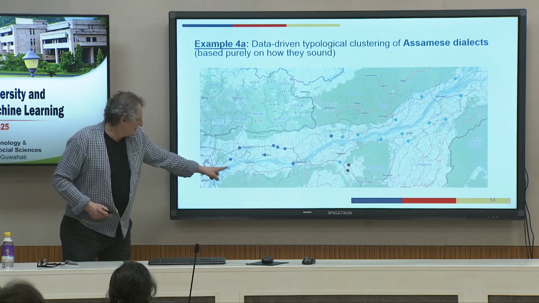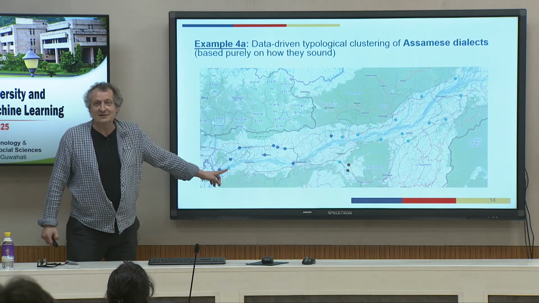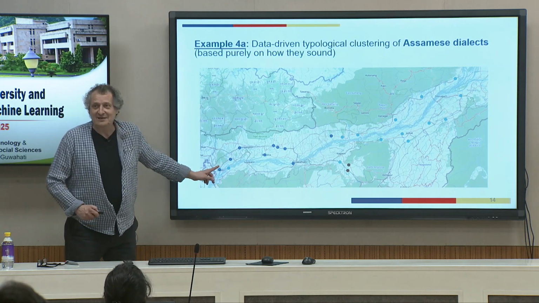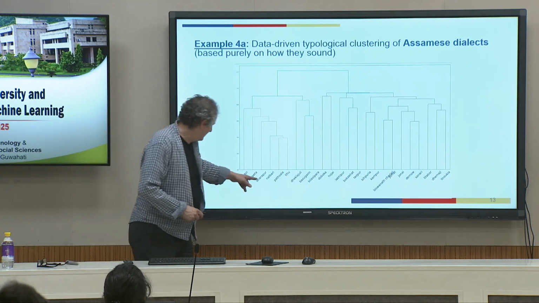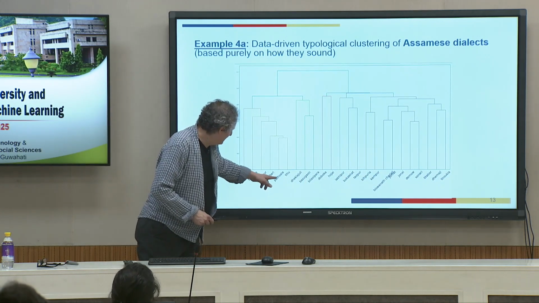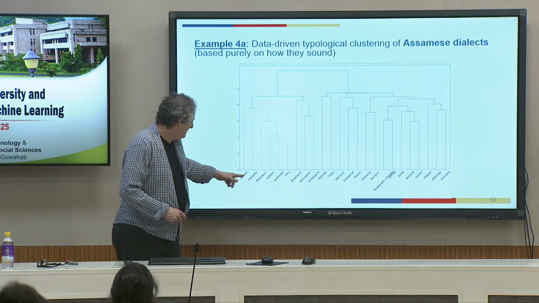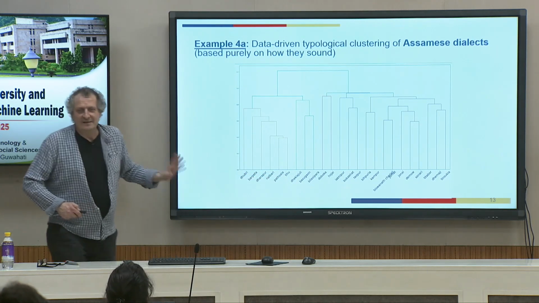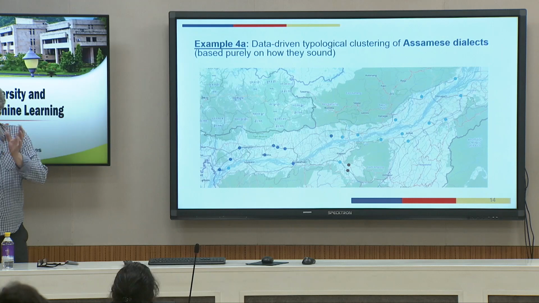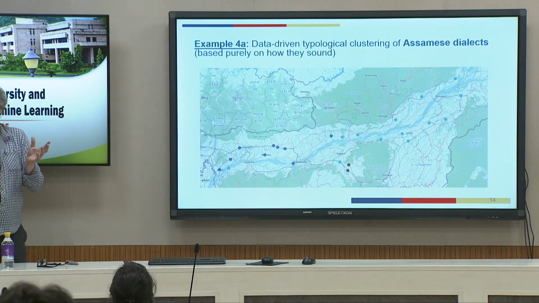There is one notable exception here. That's the town of, which one is it? Yalakipur. There is a little bit of a mistake in the metadata, because there are 2 towns in Assam which have almost the same name.